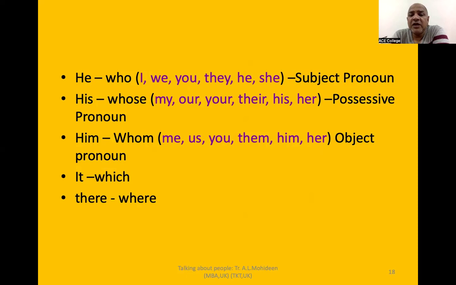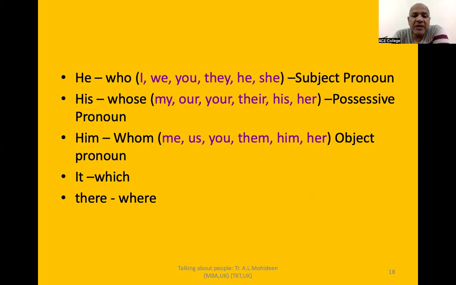So he, you have to replace with who. So who and he is connected. Instead of he, if it is she also, you can put who. His, if you see his, you replace with whose. Instead of her also, you can bring whose, actually a possessive pronoun. And him is an object pronoun. It will come into the place of object. So in the subject place, it comes he, who. In the object place, you can put whom, him, whom.